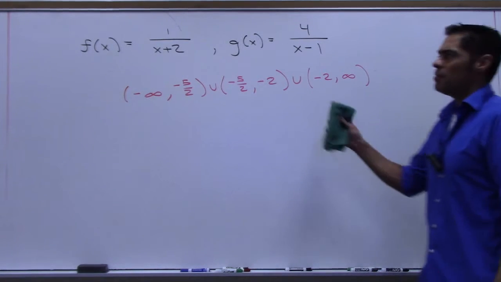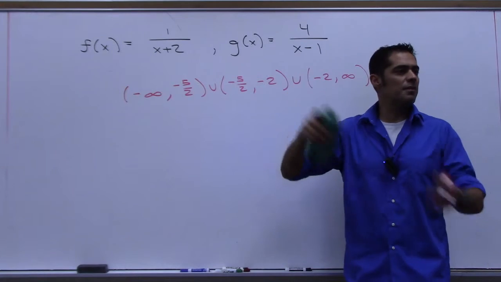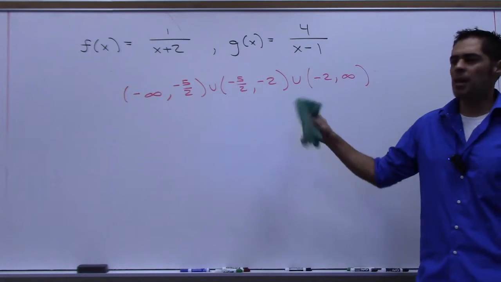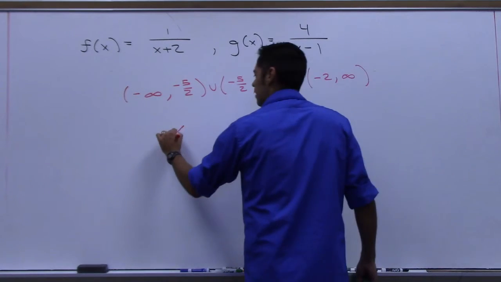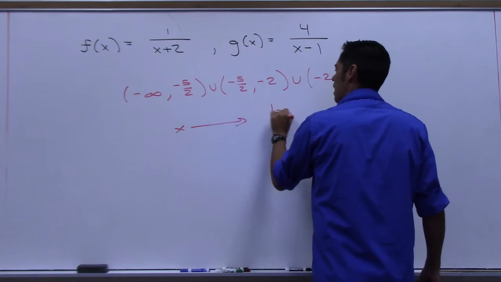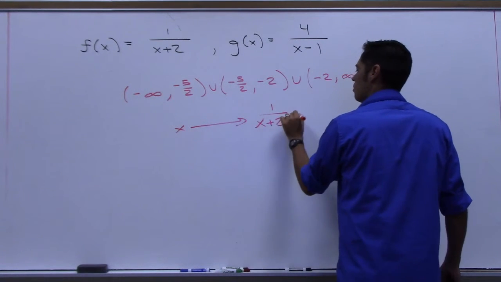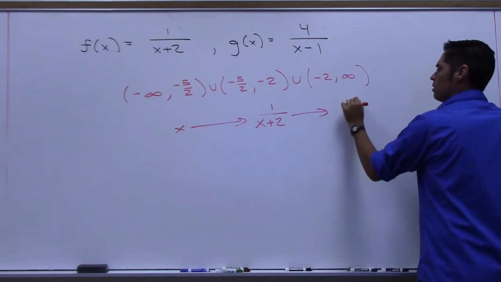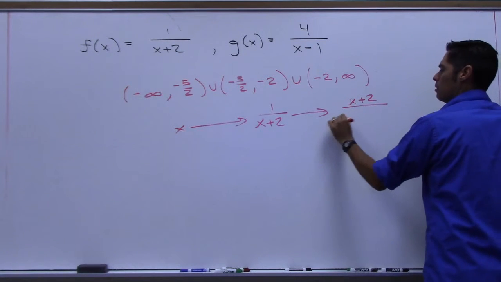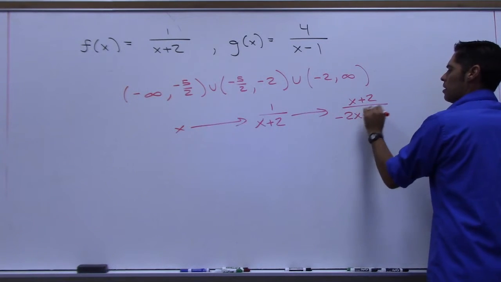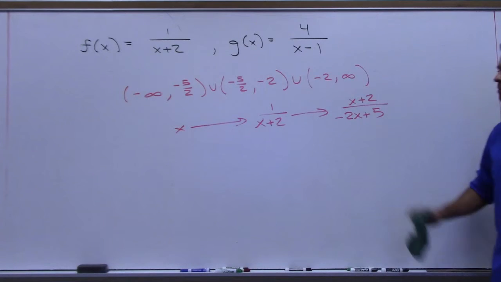Well, that's the domain. You still have to find the composition, which I'm not going to go through. But x was getting plugged in, and it was spitting out 1 over x plus 2. Is that what you got when you did the composition? Yes.